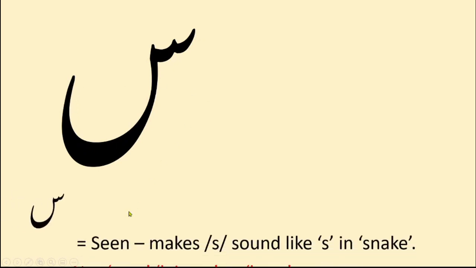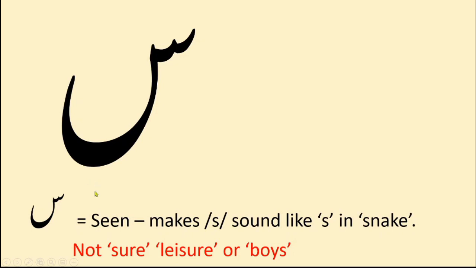Now, look at this letter. We start writing from here. We write like this. And this letter is known as seen. So, this is seen. It makes the S sound like letter S makes in the English word snake. Now, letter S gives you the sh sound in show, the j sound in leisure, and the z sound in boys. But the letter seen only gives you the s sound.